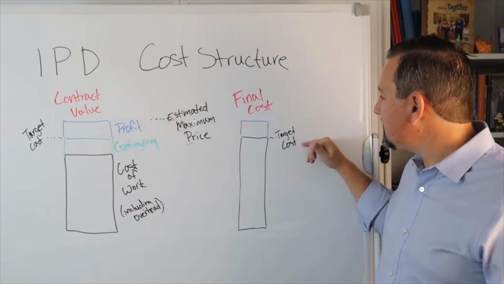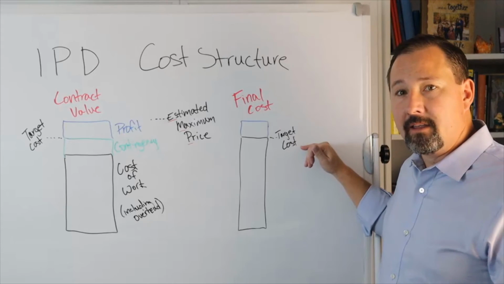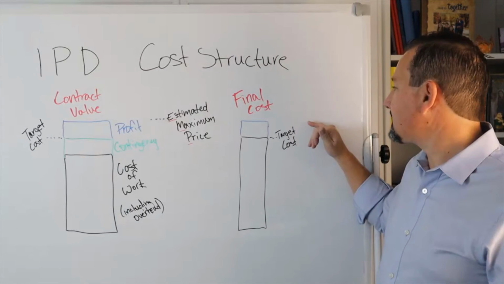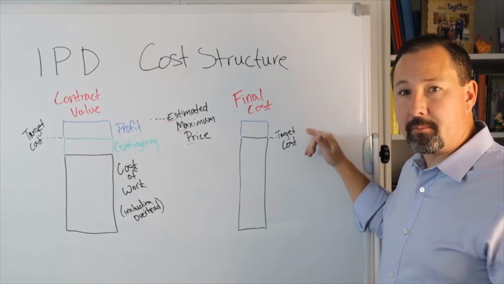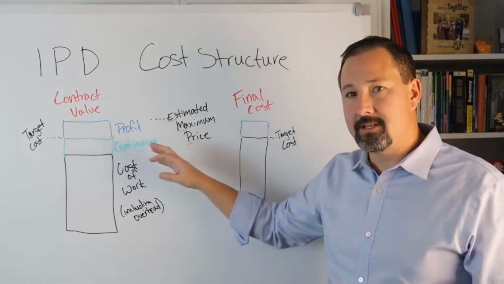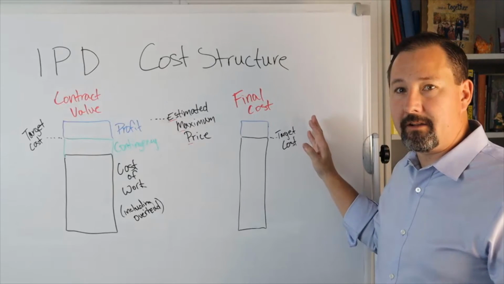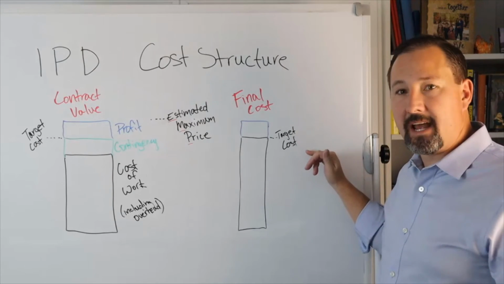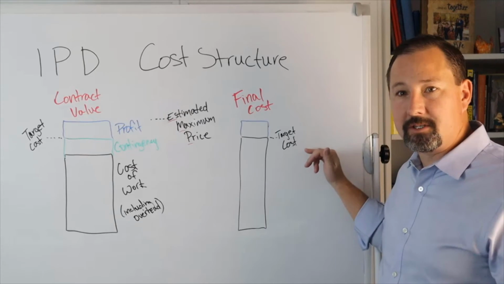If the cost finishes below the target cost, then in most IPD contracts, the team will get all of their profit. So profit is fixed as a lump sum when the contract value is set. They will get 100% of their profit plus some percentage of the savings below the target cost.